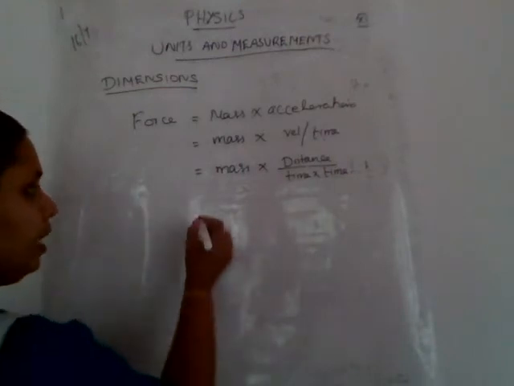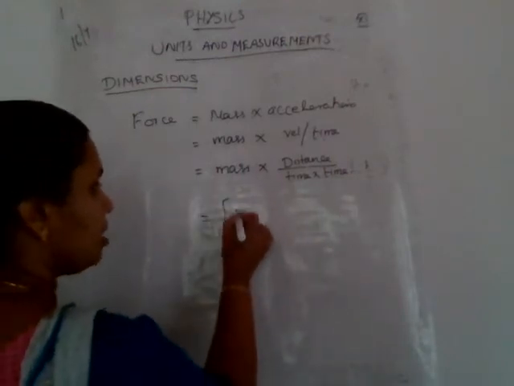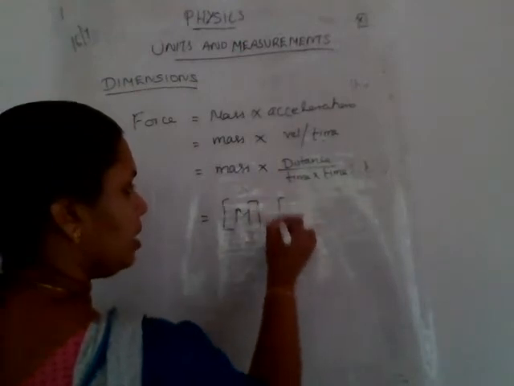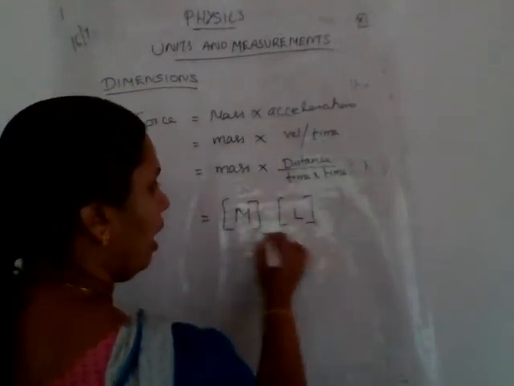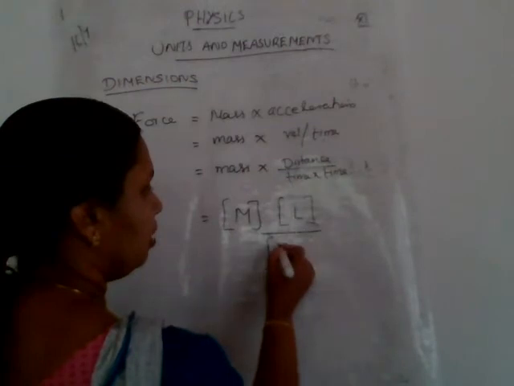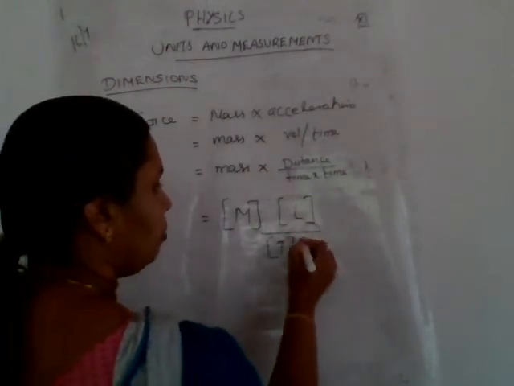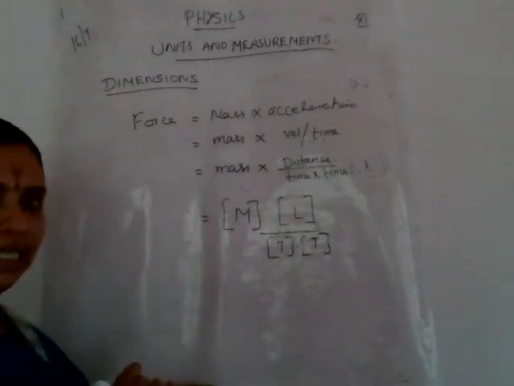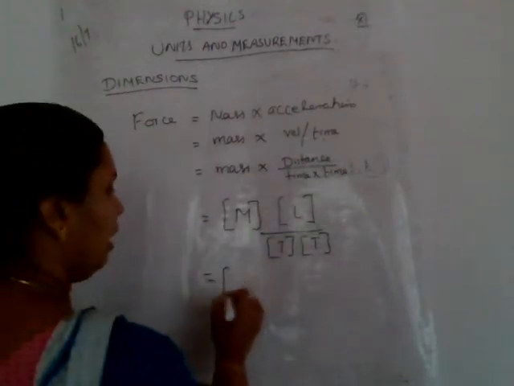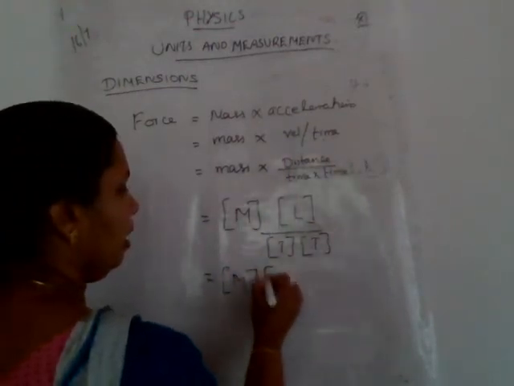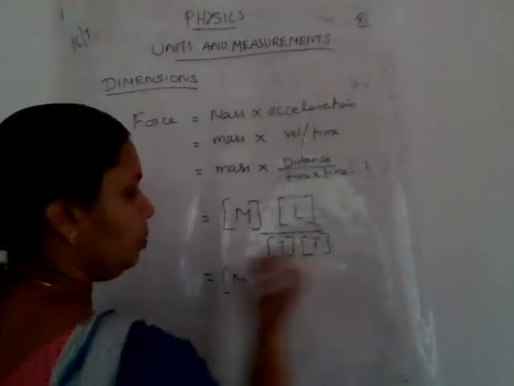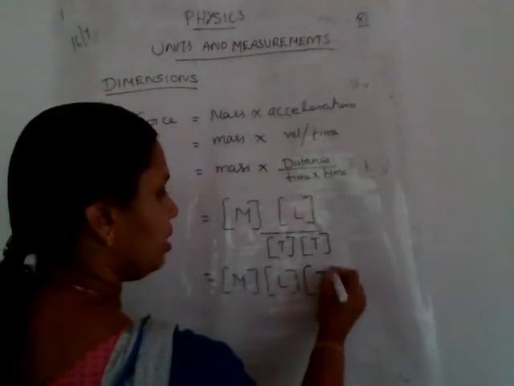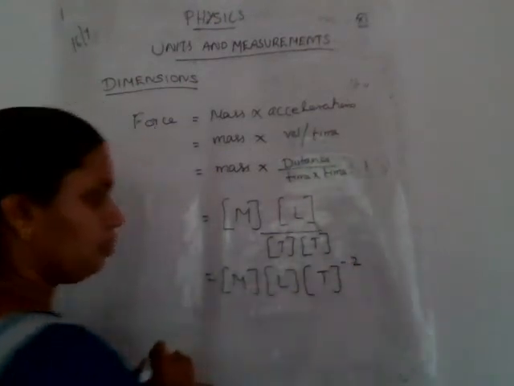So how can we write the dimension of mass, M, the dimension of distance, that is L, and the dimension of time, T, and one more T, like two times. So T into T, what is it? M, L, and T into T is T square. Coming to the denominator, it is T minus 2.